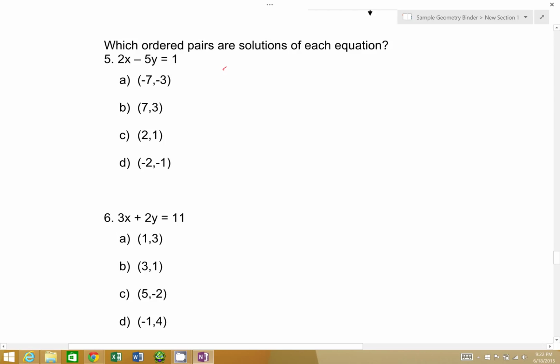So I go 2 times negative 7 minus 5 times negative 3. And if it is a solution, I need that to equal 1. So I get negative 14 plus 15. And that equals positive 1. So therefore, yes, because this is the same as that right there, I do have the proper solution.